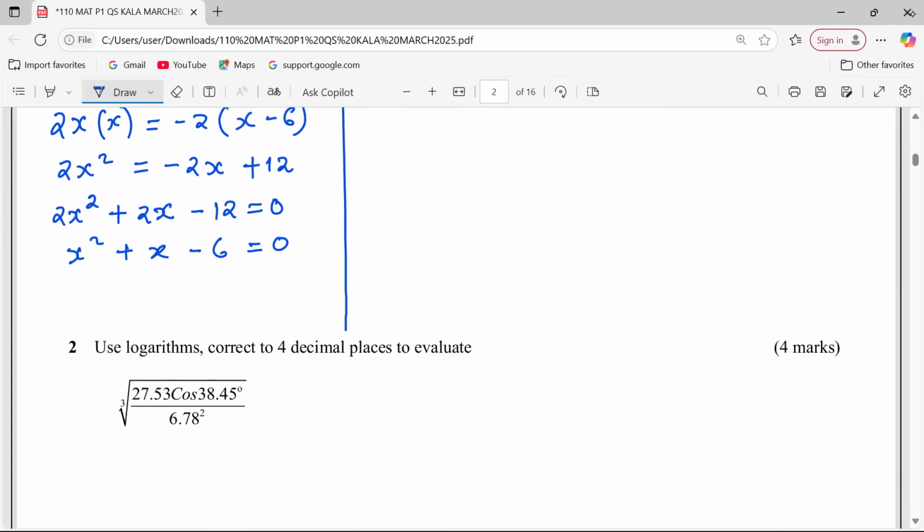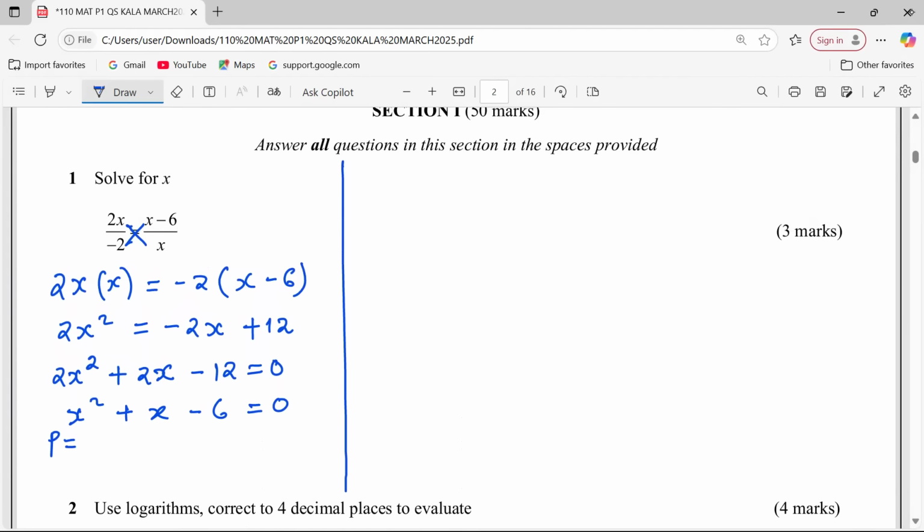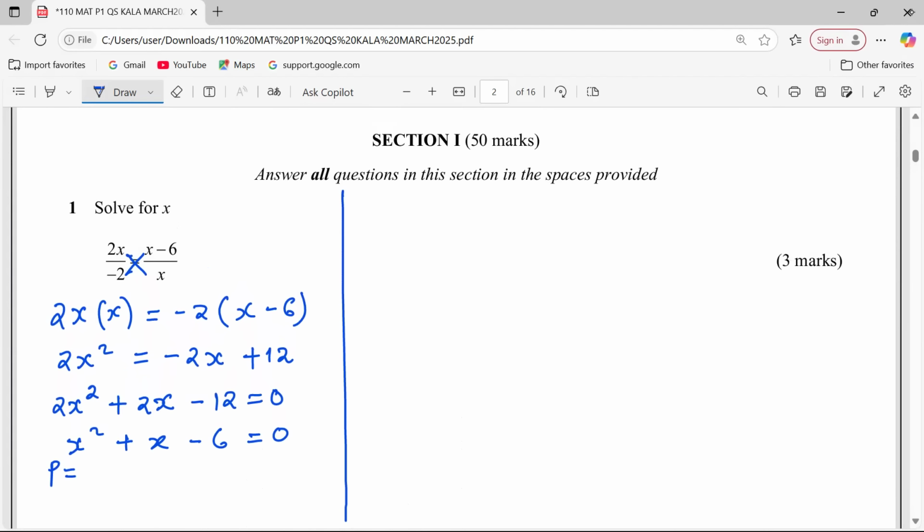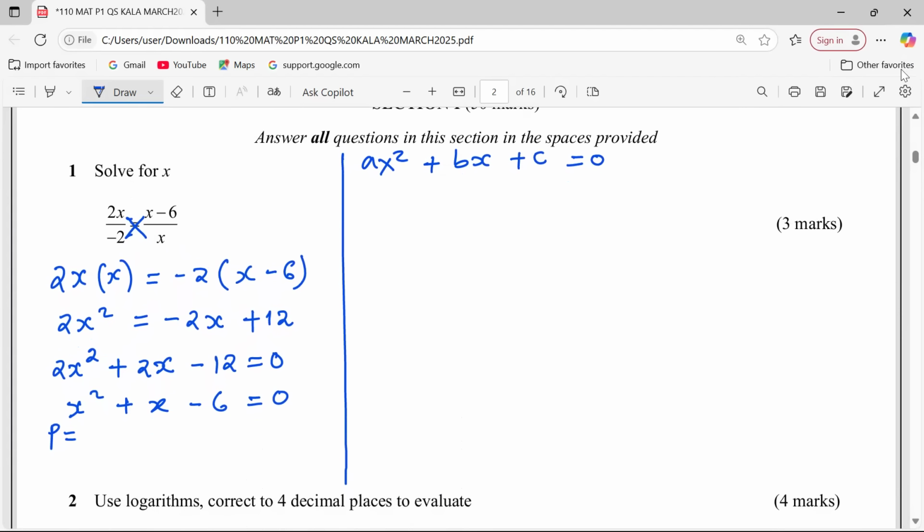At this point, I will need a product of a times c. At a we have 1, and at c we have negative 6. We usually say that the general format of a quadratic equation is ax squared plus bx plus c equals 0. Therefore, we need a product which is equal to a times c, the constant there.